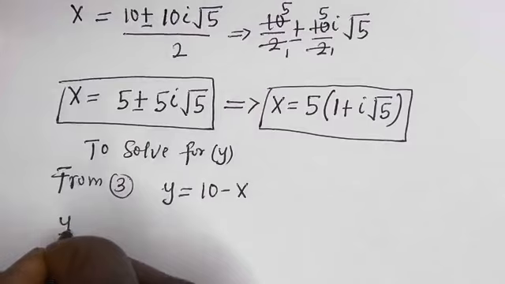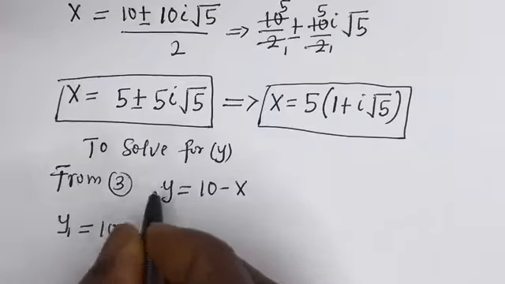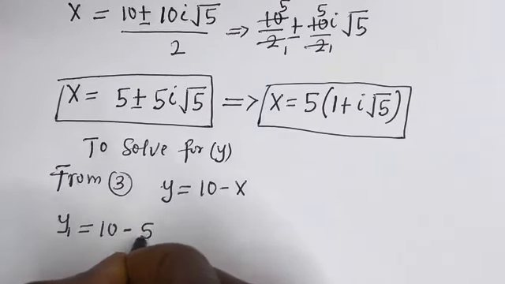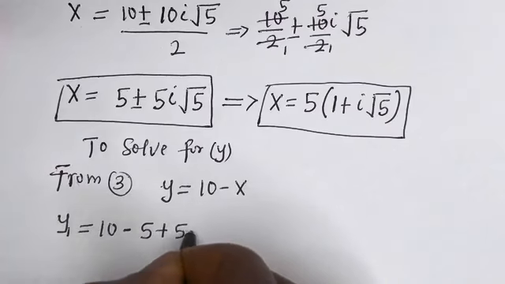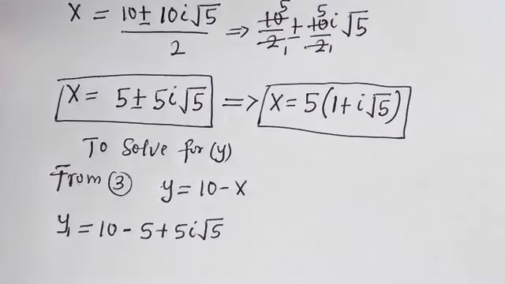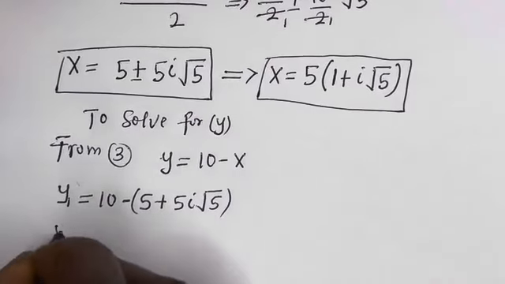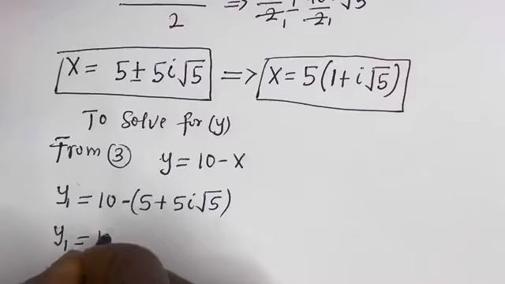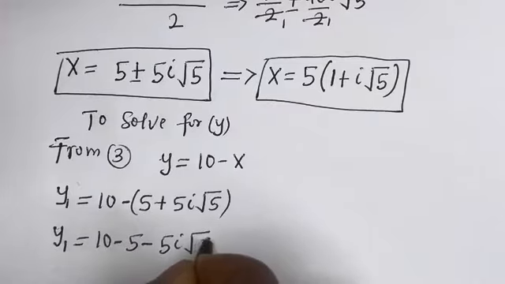Then y1 is equal to 10 minus s1, which is 5 plus 5i square root of 5. y1 is equal to 10 minus 5 minus 5i square root of 5.